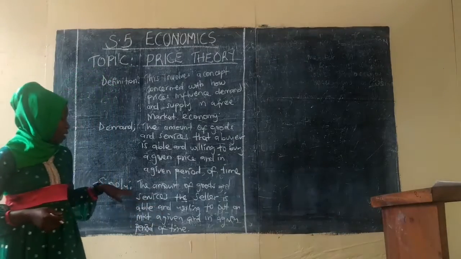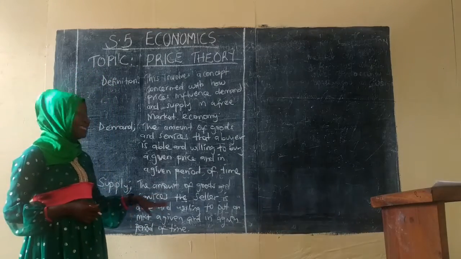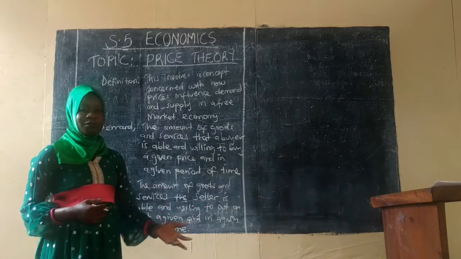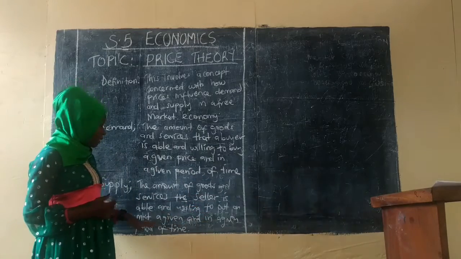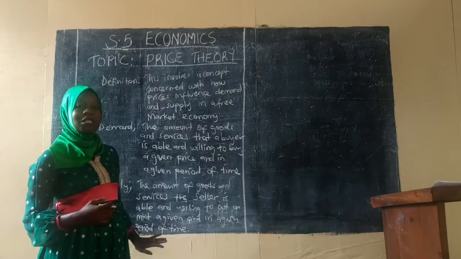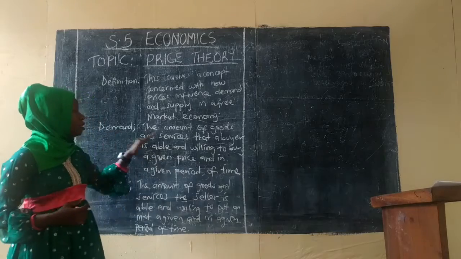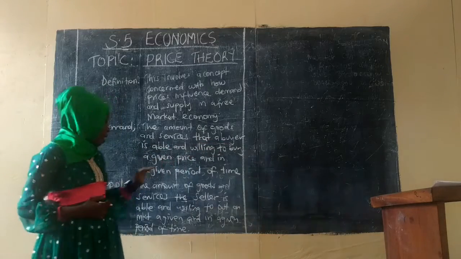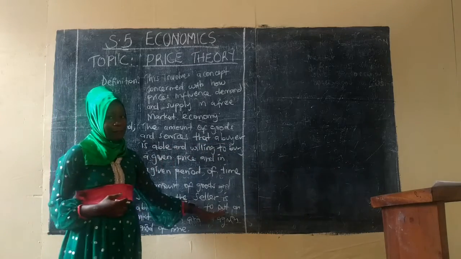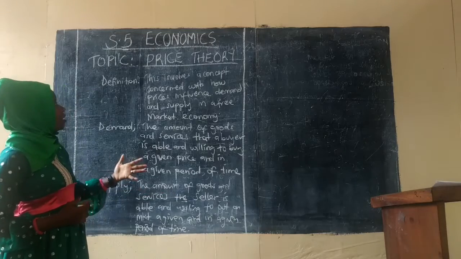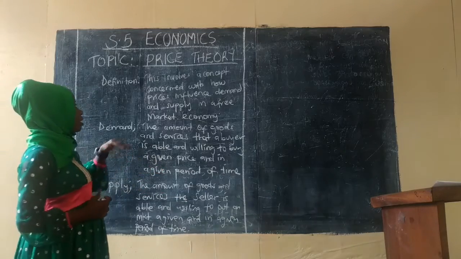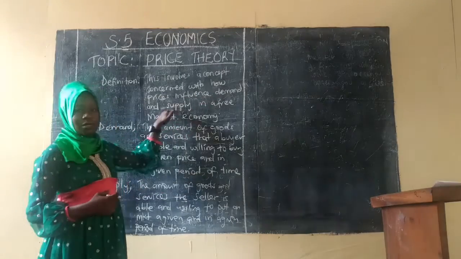Supply, we are looking at how many goods and services a seller is willing to put on the market, willing to sell at that given price and in a given period of time. Under demand, we look at the buyer. Under supply, we look at the seller. Then, like I said, under price theory, we are looking at prices, demand, and supply.